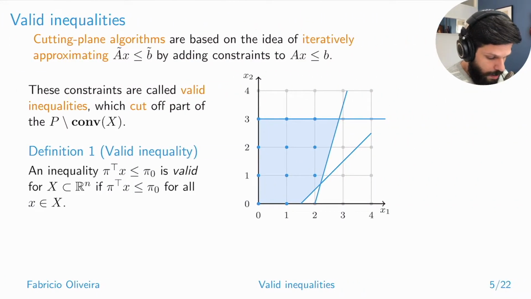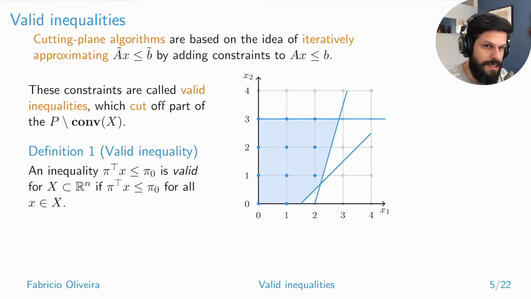So we are typically not going to have full knowledge of those, but what we can do is devise a method that iteratively tries to approximate that collection of inequalities that form the convex hull by successively adding constraints to Ax less or equal than b.